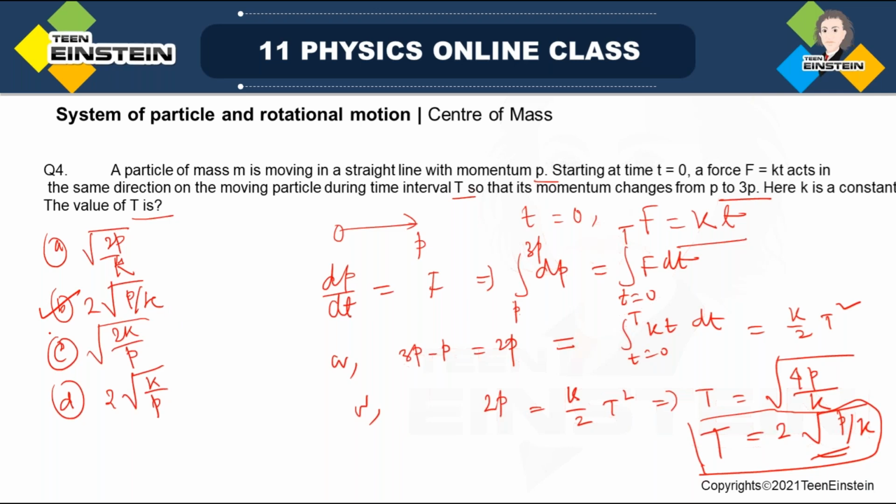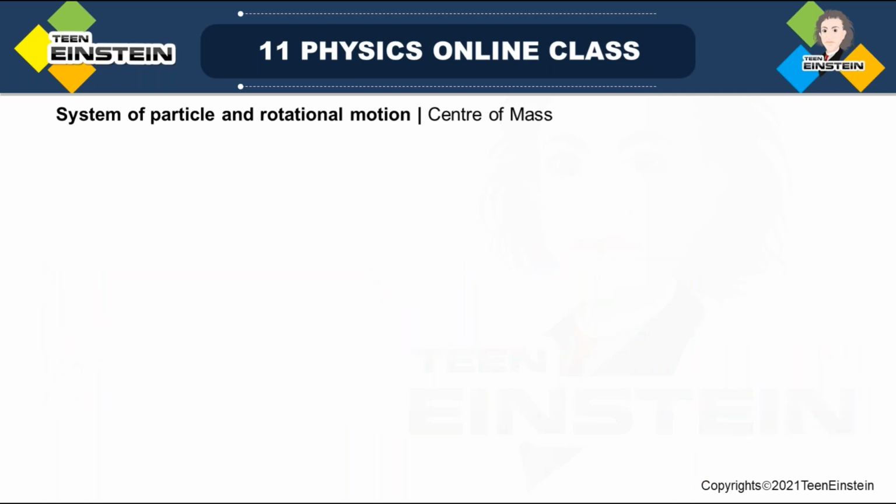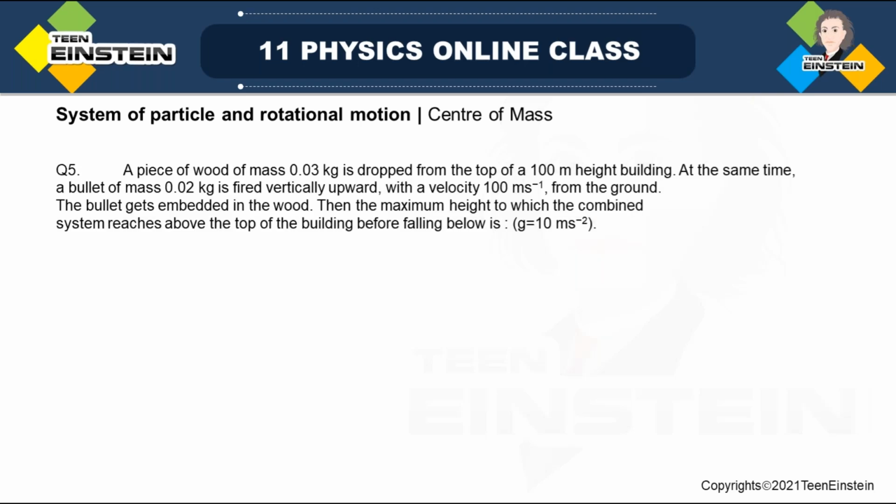Okay, we'll take up one last problem. A piece of wood of mass 0.03 kg is dropped from the top of a 100-meter height building.